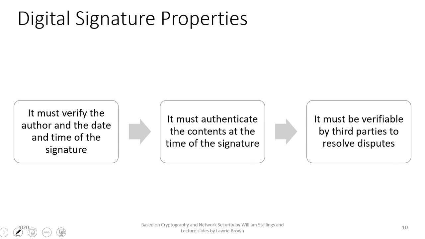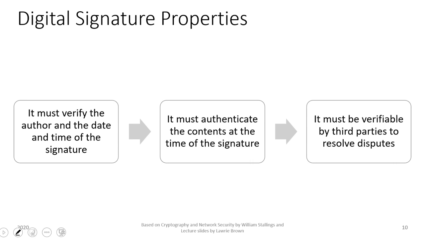So, with digital signatures, it must be verifiable. The author must be verified, and along with the date and time of the signature, it must be possible to authenticate the contents at the time of the signature. So, if the message has changed after the signature was created, then that should be verifiable.